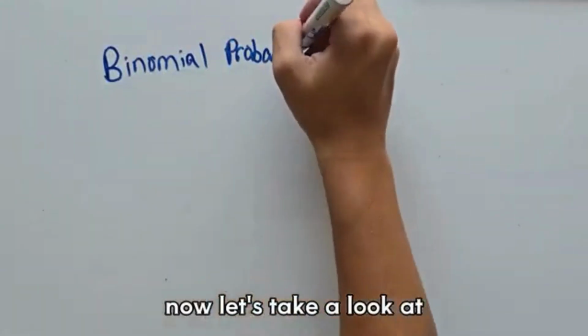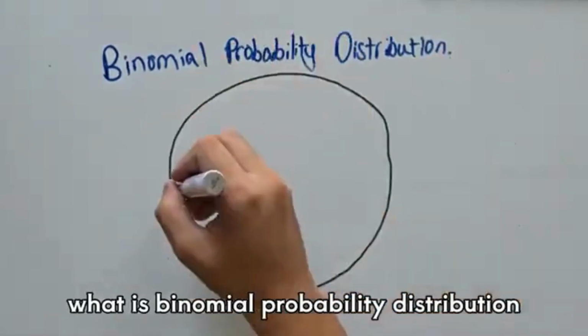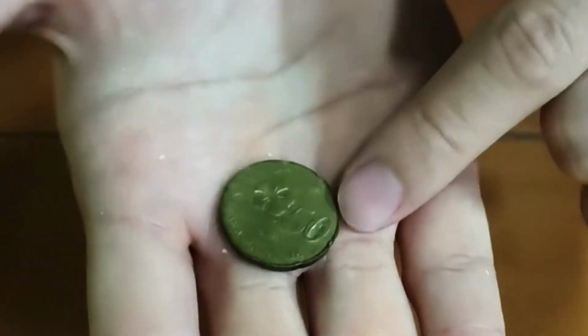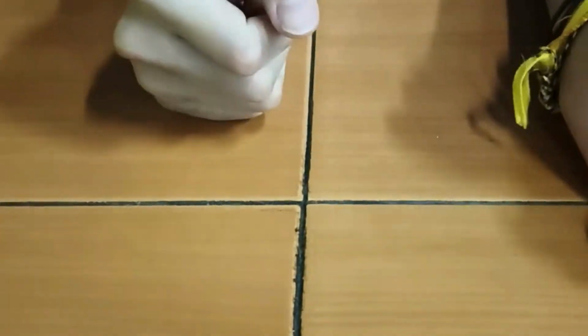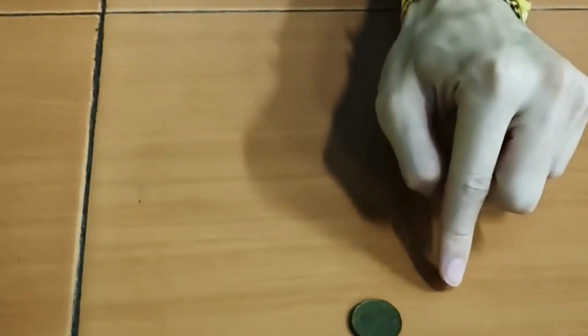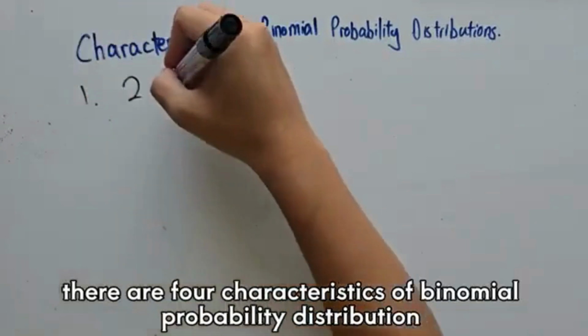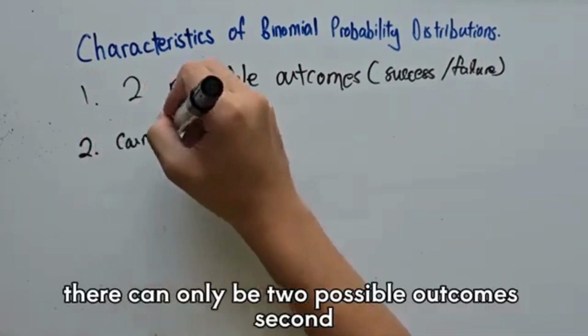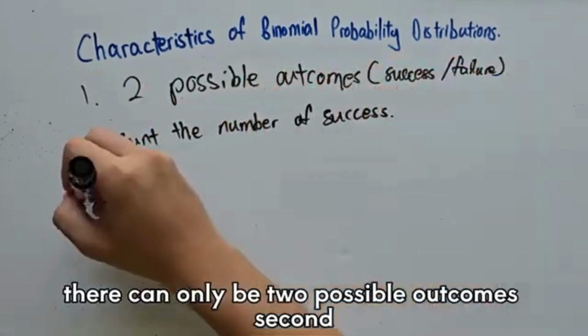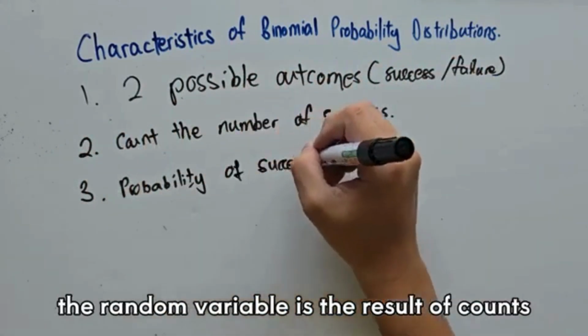Now let's take a look at what is binomial probability distribution. There are four characteristics of binomial probability distribution. First, there can only be two possible outcomes. Second, the random variable is the result of counts.